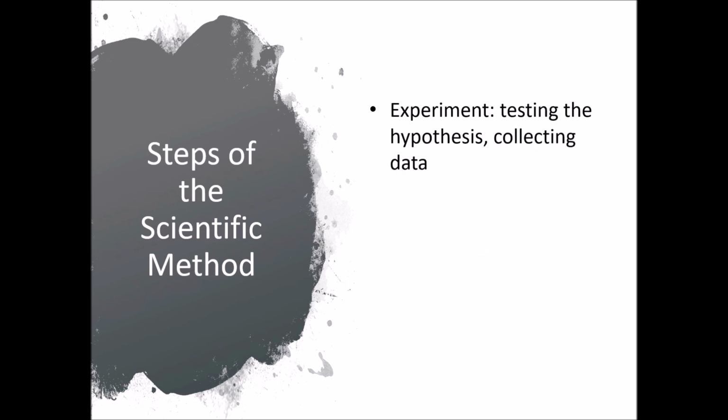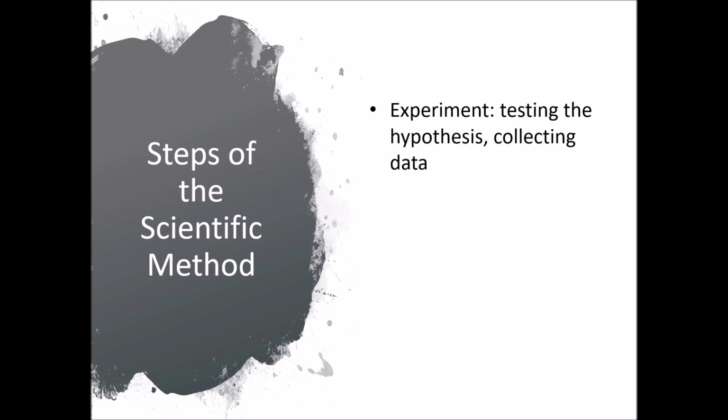Once we have developed a hypothesis to explain our observation and answer our questions, and we've determined that the hypothesis is testable and therefore scientific, we design and execute some experiments. The experiments are a way to test the hypothesis, and during the course of the experiment, we will collect data, which are pieces of information or observations.